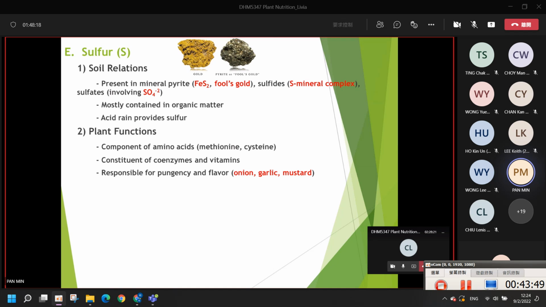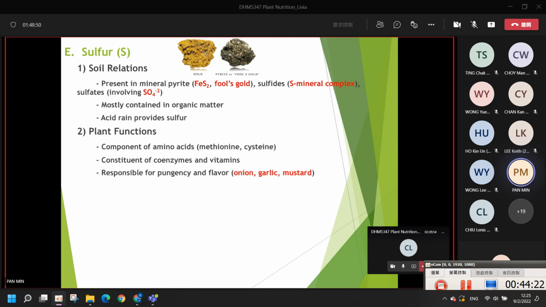Sulfide and sulfate all can contain a lot of sulfur ions, and sulfur is mostly contained in the organic matter. Organic matter also contains a higher concentration of sulfur, and acid rain also can help to provide sulfur into the soil environment.